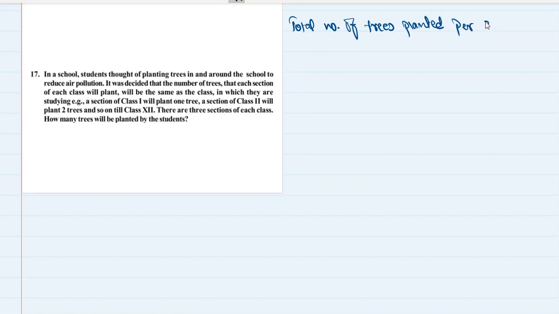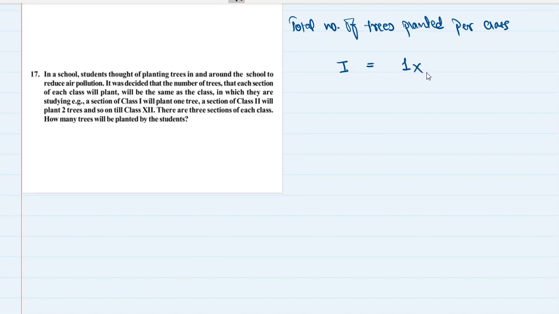Okay, so class 1 will plant one tree per section.